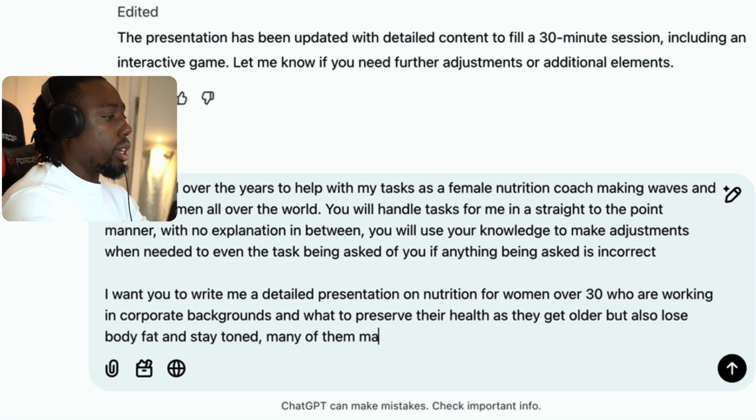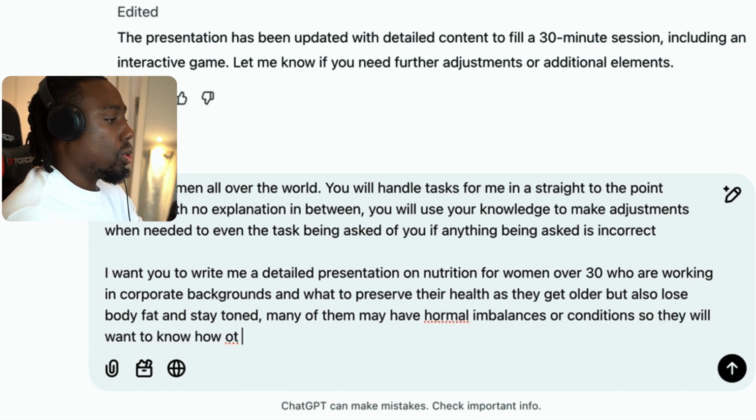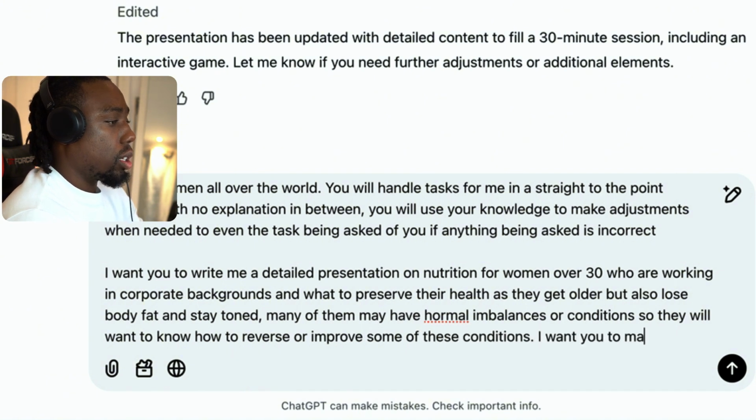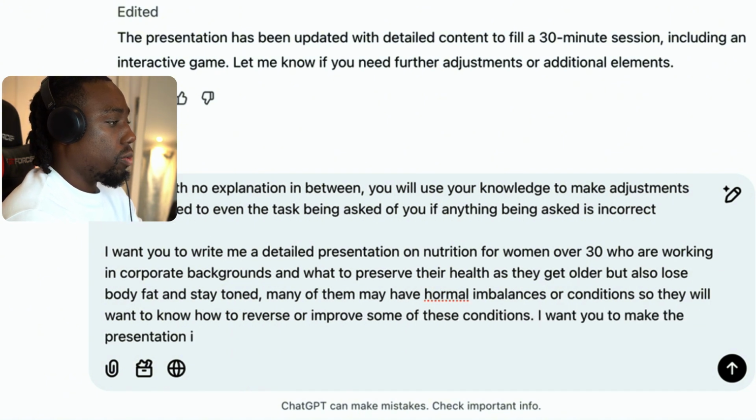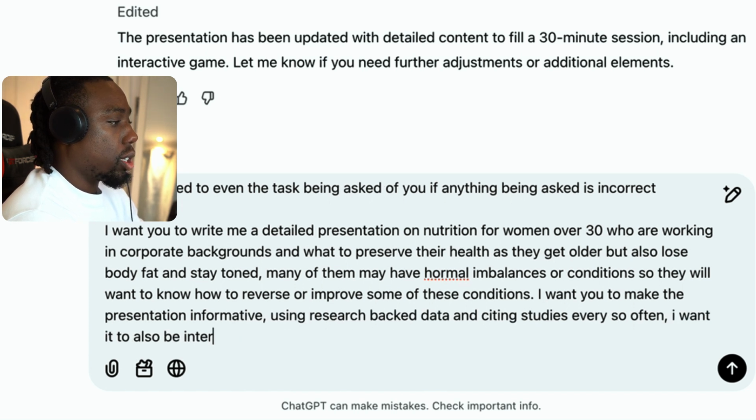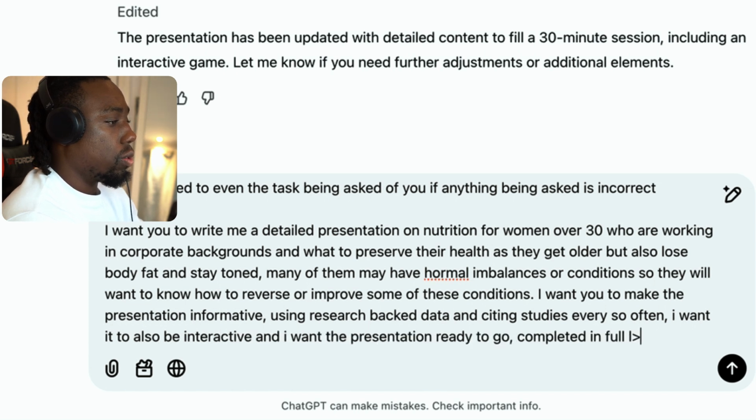Many of them may have hormonal imbalances or conditions they want to reverse. All right, cool. And then lastly, I want you to make the presentation informative using science, research-backed data, citing studies, every so often interactive. I want the presentation to go full, leave no part for me to perfect.